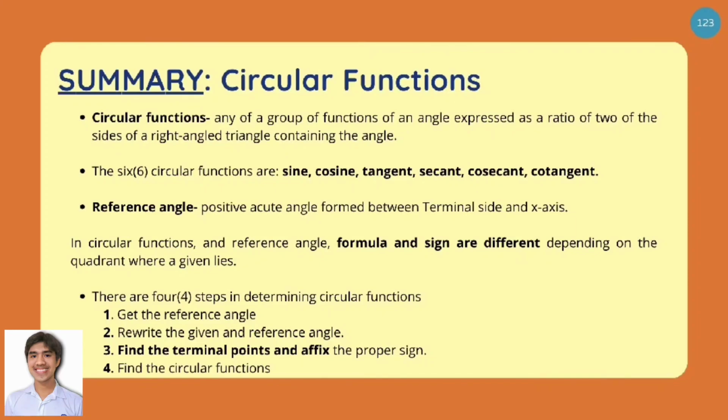Reference angle is a positive, acute angle formed between the terminal side and the x-axis. Another, in circular functions and reference angle, formula and sign are different depending on the quadrant where the given lies. And remember that there are 4 steps in determining circular functions, and these are the following.